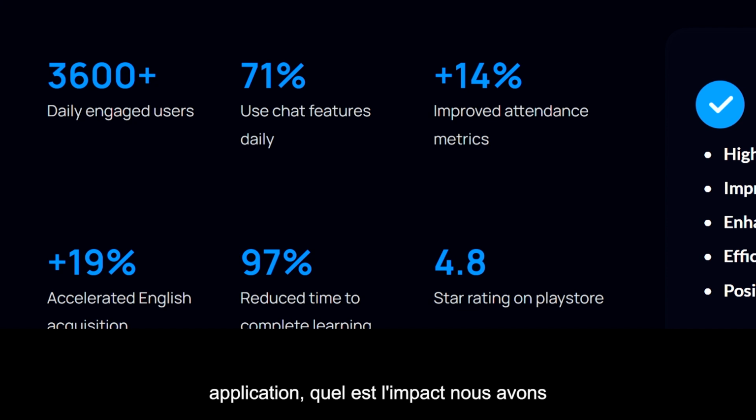So what's the impact? We have over 3,600 daily users. We have 11,000 monthly users. I'm very happy with those numbers, and they continue to go up. We have about 5 to 6% growth rate month over month, given our daily users.